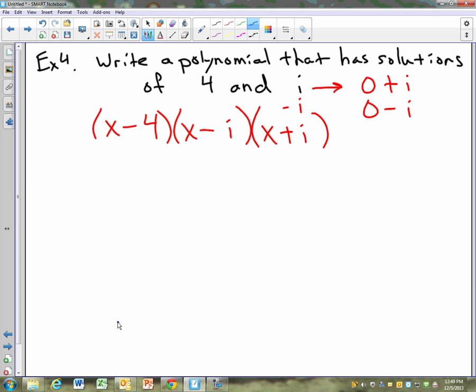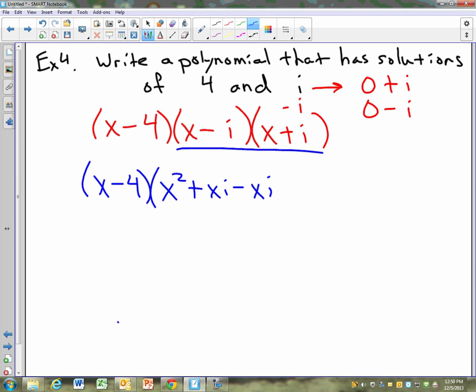So we want to now multiply this out to get a polynomial. Should we multiply the x minus 4 and the x minus i, or should we multiply the x minus i and the x plus i? Yep, let's do that first. What's x times x? x times i. Negative i times x.